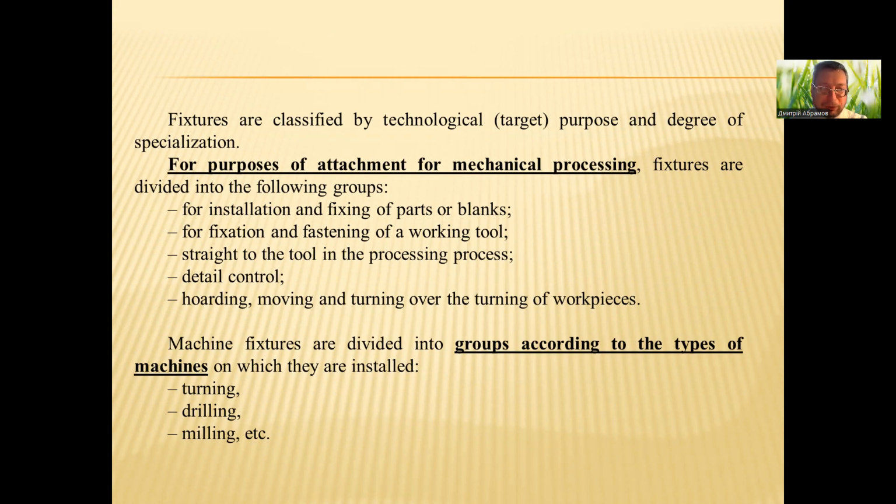For purposes of attachment for mechanical processing, fixtures are divided into the following groups: for installation and fixing of parts or blanks; for fixation and fastening of the working tool; for guiding the tool in the processing process; for detail control; and for holding, moving, and turning of workpieces.